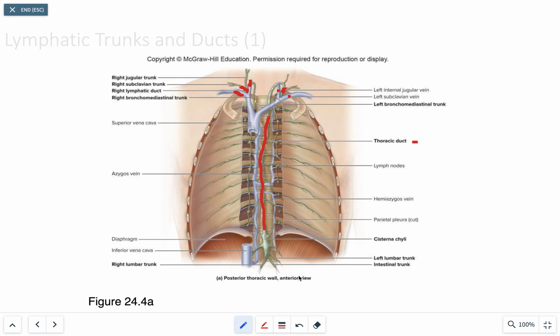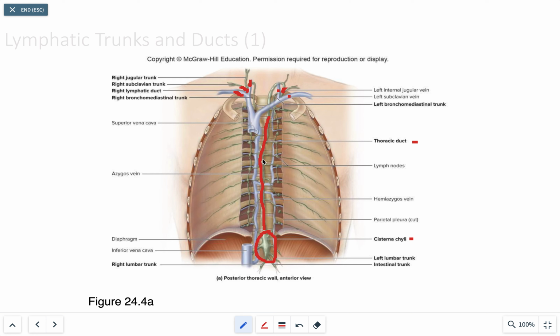This thoracic duct begins inferior to the diaphragm. It's formed next to the cisterna chyli here, which is just a large bifurcation of the different types of trunks. It passes through the aortic opening.